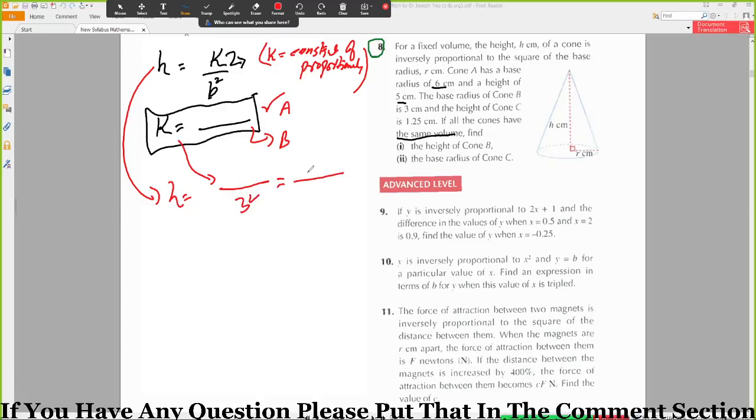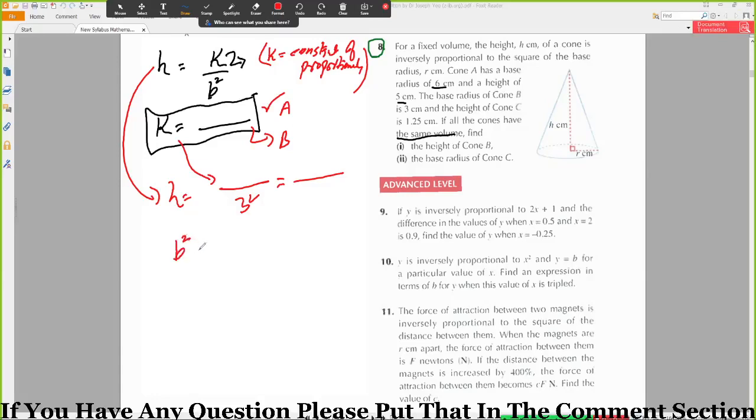Centimeter. Yes. And for cone C, how will you find the base radius? You have to use the same formula. The height is given, so you will substitute the values of H and K, but this is R squared, and the question is to find the base radius, only R. So what do you think we should do here? Let's say R squared is equal to 4.